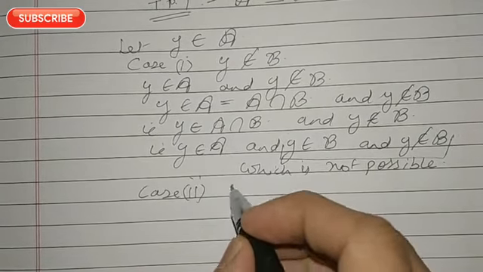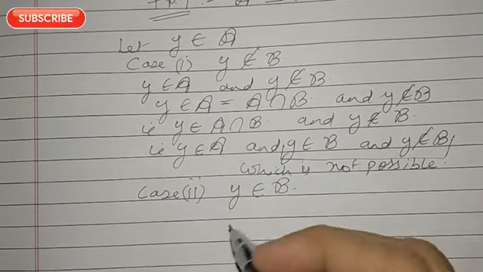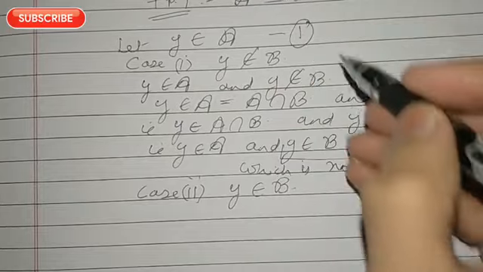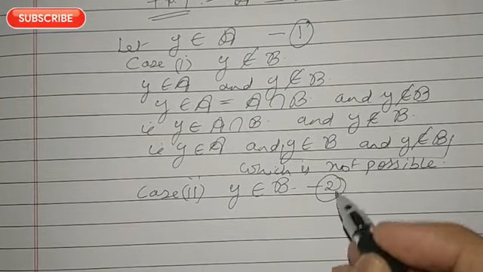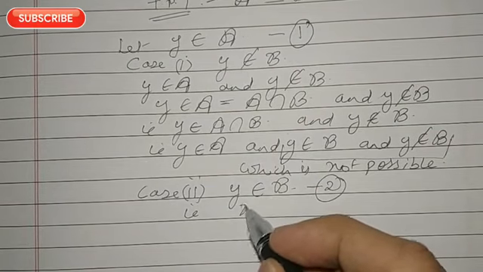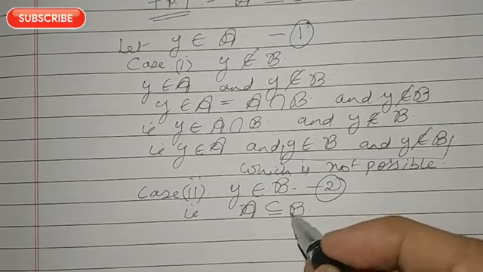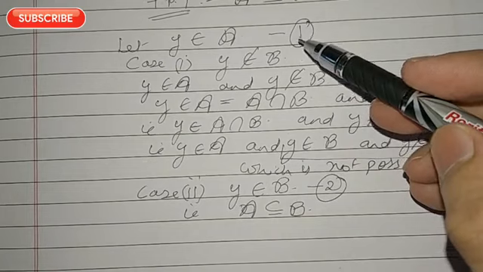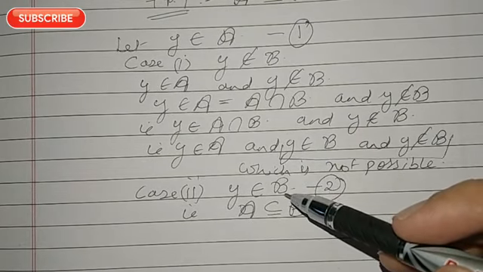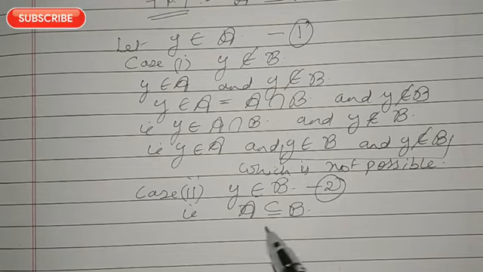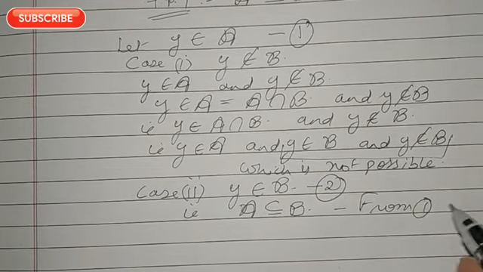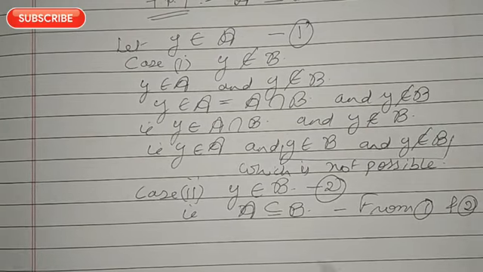Now let us look at case 2. Case 2 is Y belongs to B. So if we consider this as 1 and this as 2, what do we get? A is a subset of B. We are taking any element Y in A and we are proving that the element Y is in B. So we are getting A is a subset of B from 1 and 2.